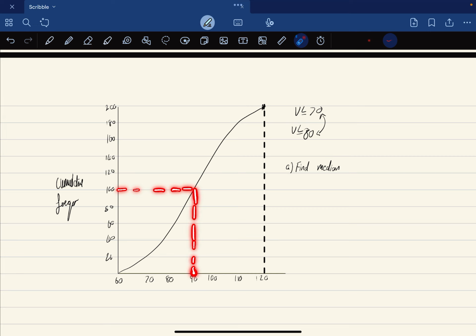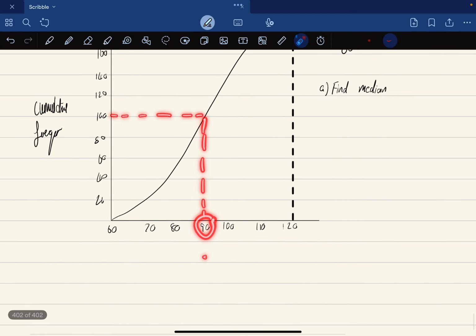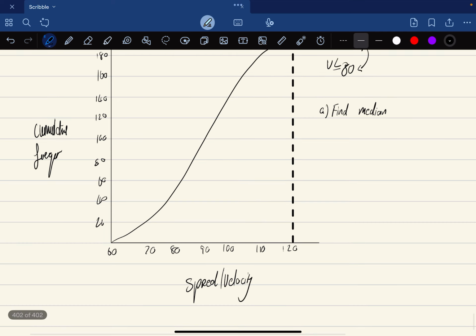Obviously you'll look at your graph with your actual lines, but let's say it's 90 here, because the 100th person, the median value, falls at a speed, because here it should say speed or velocity, one of the two, sorry. We move across here very easily. We go to 100, and then it's 90, right?